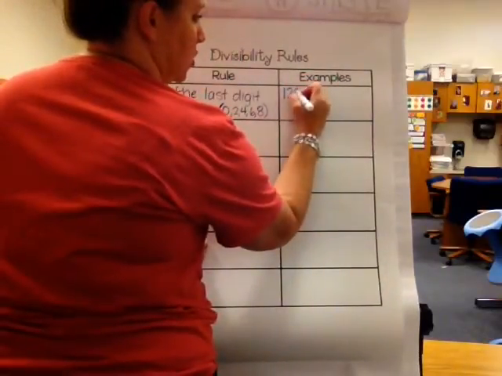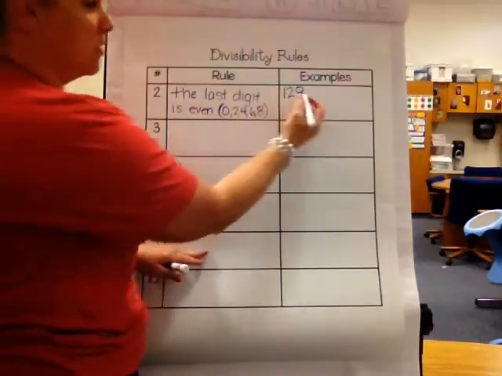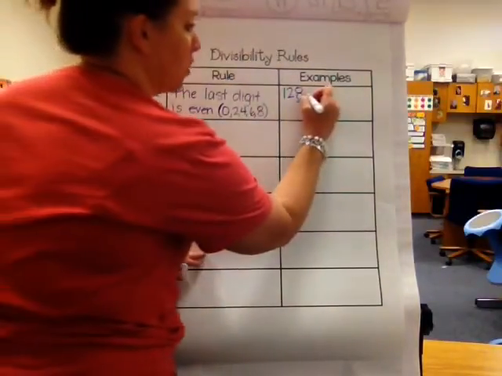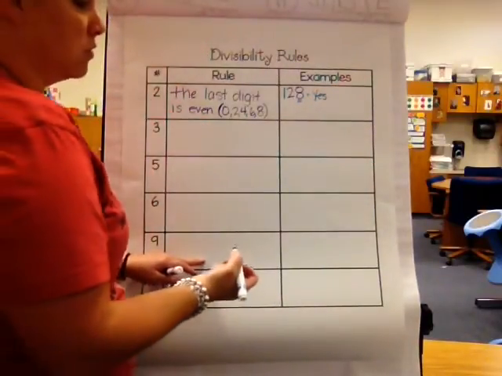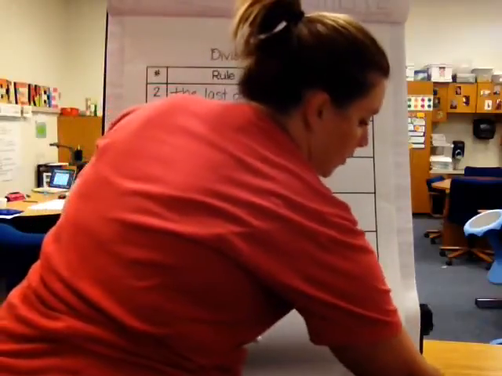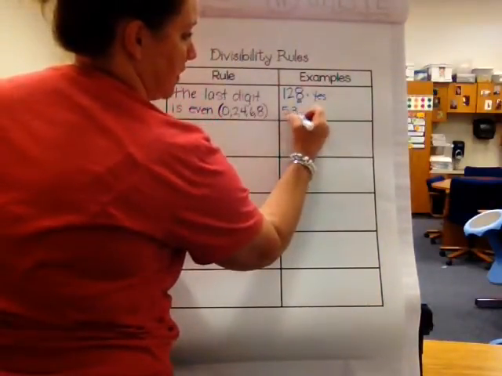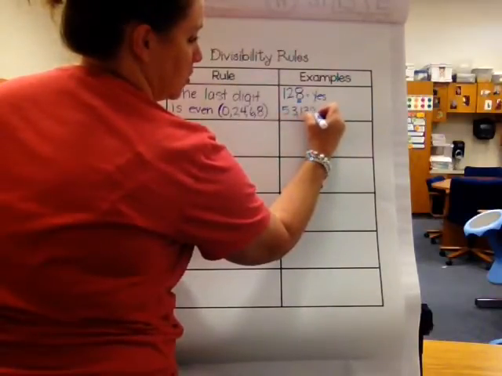So for example, the number 128. What did I just say? The last digit is even. Looking at the last digit, that is even, so therefore, yes, it is divisible by 2. Looking at a number like 53,132.